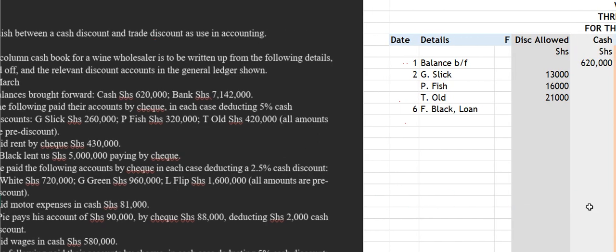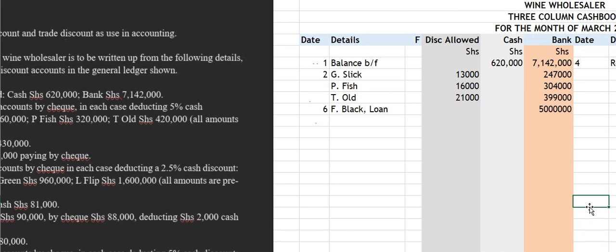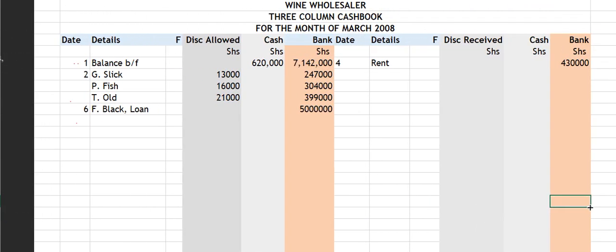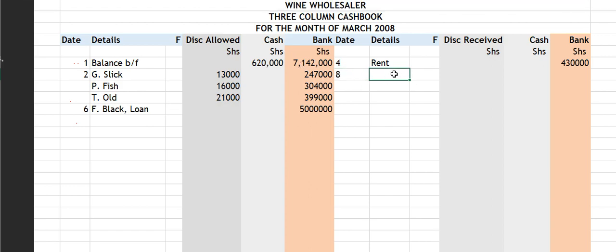Don't forget the date. This is on 8th. So on 8th, payments were made to the suppliers.